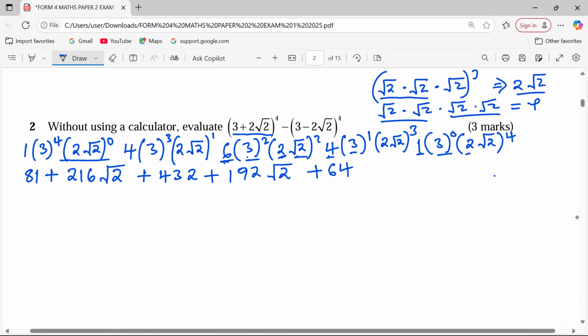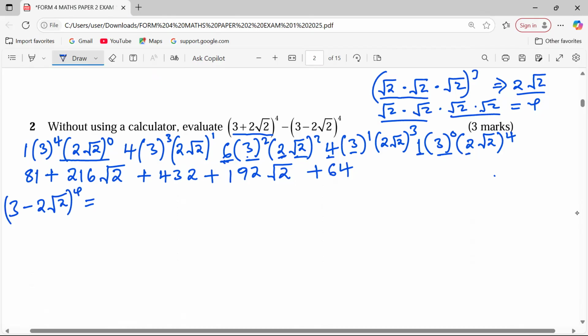The second one shall be, actually, we'll be dividing now. The second one we'll be subtracting, sorry. The second one is 3 minus 2, the root of 2, power 4. Now, it shall be having the same terms as the ones we are having from the first expansion, only that in the second one now, negatives shall be alternating with positives.